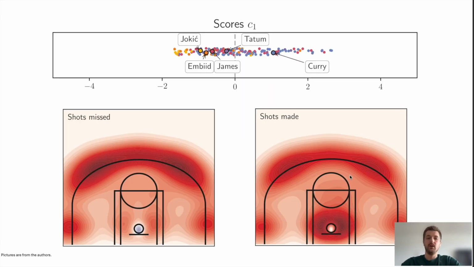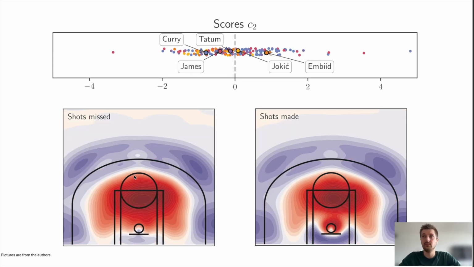Now we can look at the coefficients of the decomposition for each player, and you get something like that. On the graph here, you have the first coefficient for the different players in the NBA. If you are on the right side of the graph, like Curry, it means that you have a higher proportion of 3-pointers than the players on the left of the graph, who are players more focused on shots near the basket.